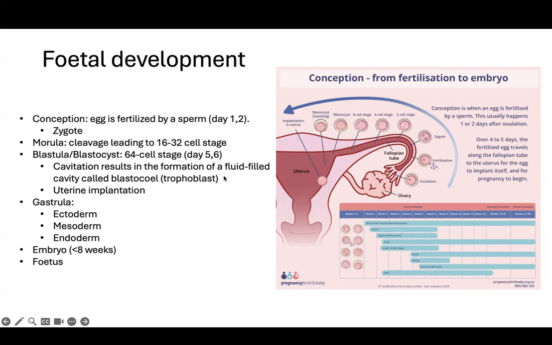The blastocyst then has cavities forming, and you get differentiated stem cells in terms of trophoblasts, epiblasts, and hypoblasts, where there is a gradient around which the cells divide.